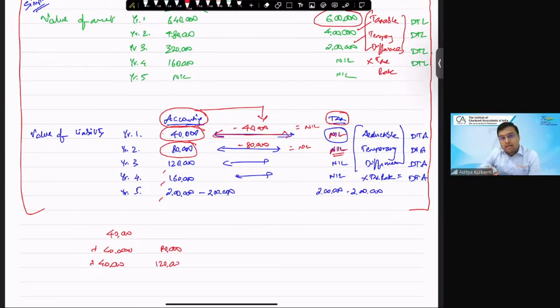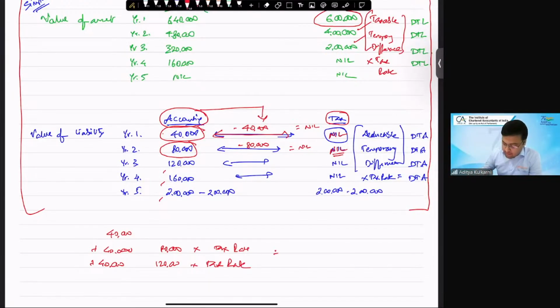So sir, with DTA, what happened? Sir, DTA will be 40,000 into tax rate. For each year, that will be the charge in the P&L. But closing DTA will be 80,000 into tax rate, then closing DTA will be 1,20,000 into tax rate.